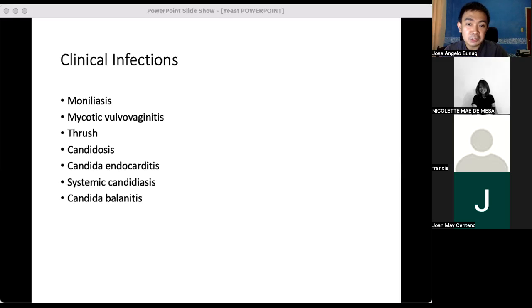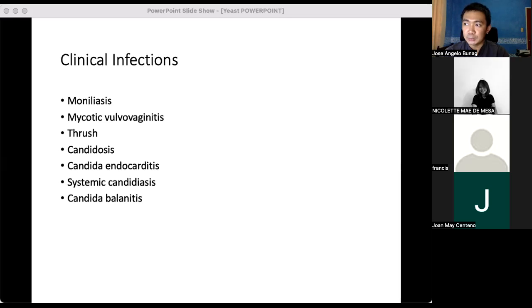Aside from those types of patients, your fungi, particularly your opportunistic mycosis, specifically your yeast, could infect persons who have altered host defense mechanism, yung ating mga debilitated patients. Those patients that do have chronic diseases, one good example ay yung ating mga patients that are diagnosed with diabetes mellitus, na yung mga patients natin that do have metabolic disease for a long time.